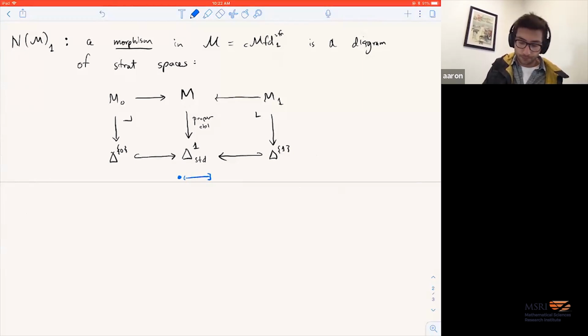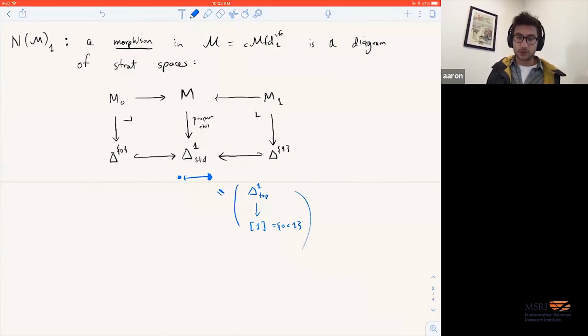So, or maybe I'll just draw it like that. So that's a closed interval, but there's a stratum here, and then there's a separate stratum here. And what that really is, is a topological space, namely the topological one simplex, equipped with a continuous map to the poset brackets 1, which again just means the poset 0 less than 1.